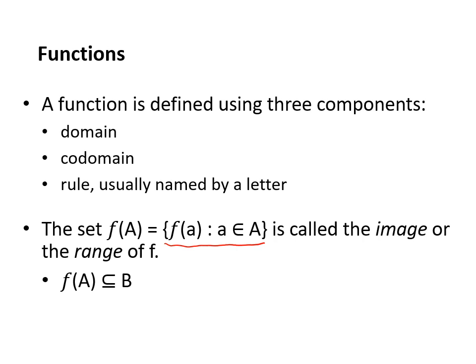And just the set of elements that F can map to from A is called the image or range. And I'll illustrate that in an example later on.